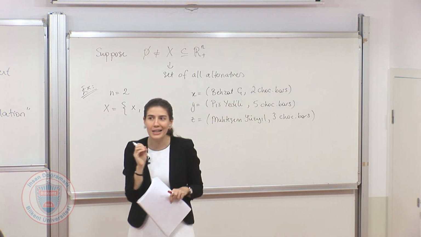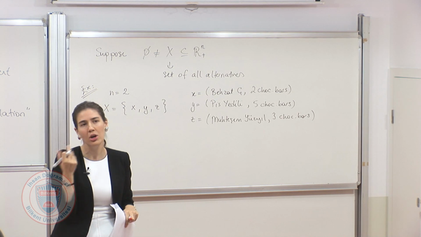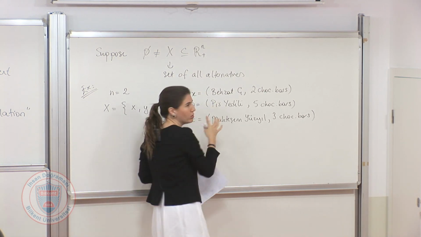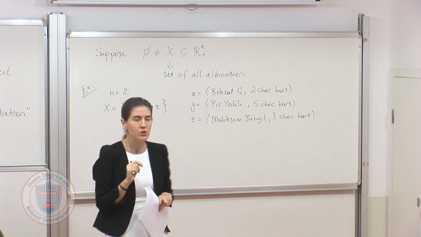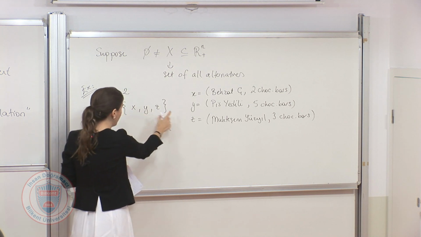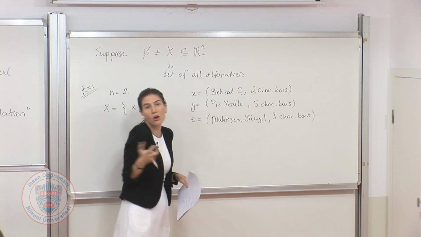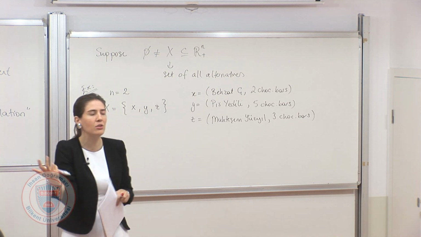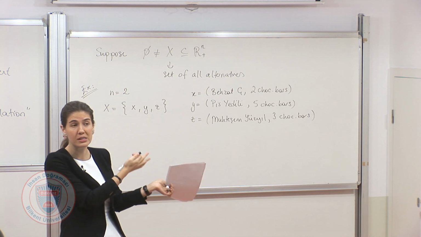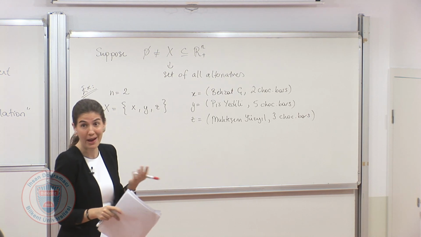So you see that this is the set of all alternatives. Suppose you're going to choose among them, and this is your whole set of alternatives. This is what we mean by the set of alternatives. X consists of these bundles of goods, and they don't have to be just goods that you buy. It could be a series that you watch, or how many hours you're going to sleep, and such.